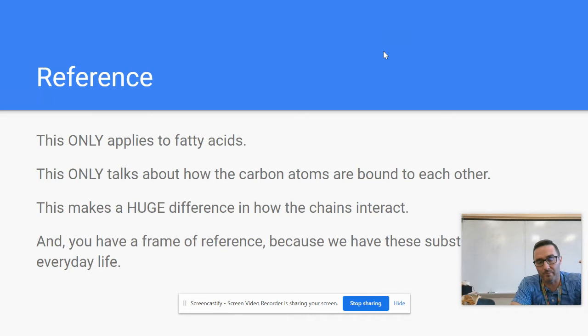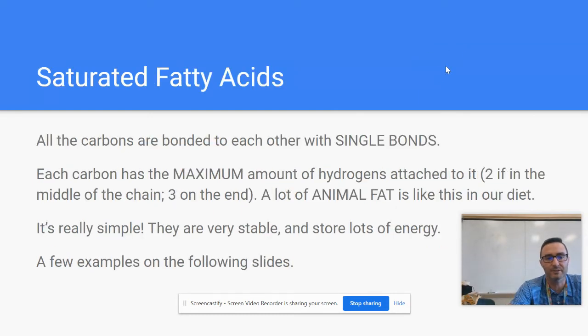It has overtones in our diet, and that's probably how you guys have heard of them before, but it also has effects when we talk about cell membranes later in the year. So you've probably heard about this stuff in everyday life, and hopefully that gives you a little bit of a frame of reference so it's not as odd as some of the things that we've talked about in other places.